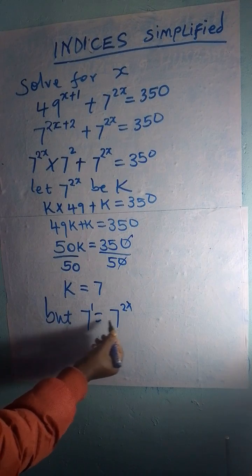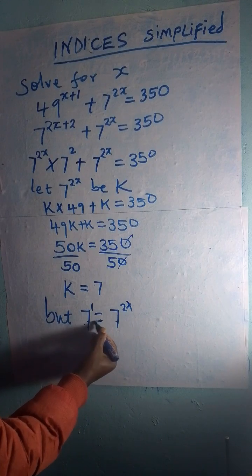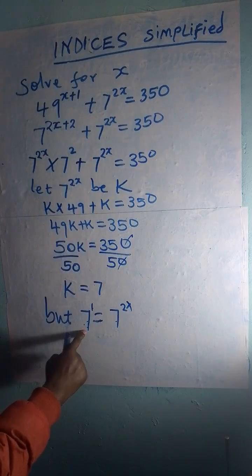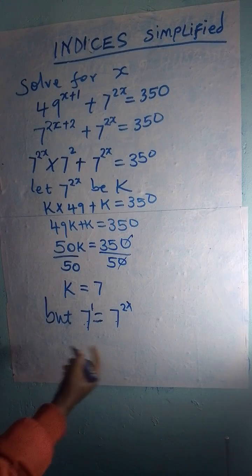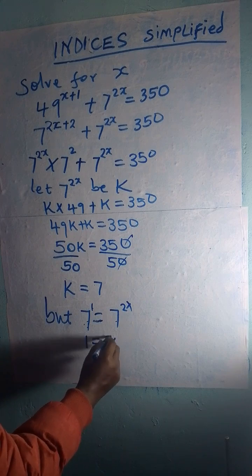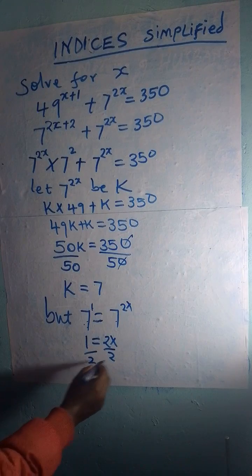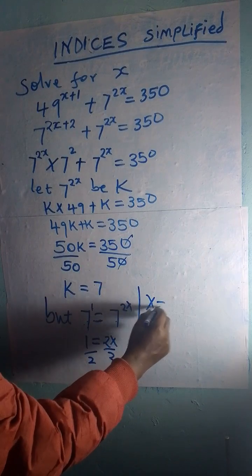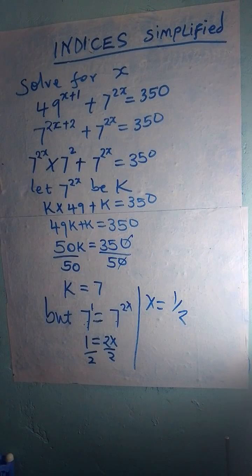Therefore, when the bases are the same and we are dealing with indices, you ignore the base and deal with the powers or the index. Therefore, 1 is equal to 2x. Divided by 2, we want the value of x, remember? Therefore, x is equal to a half. x is equal to a half.